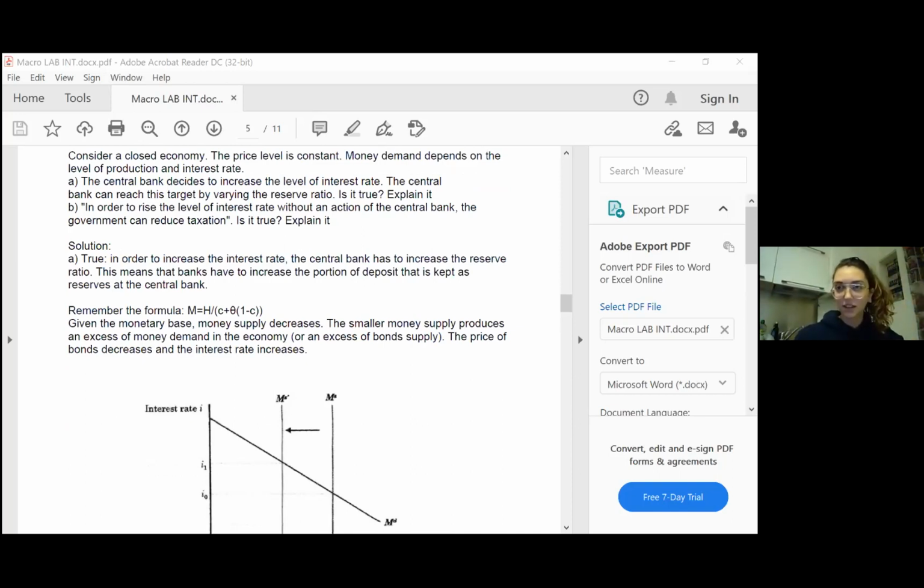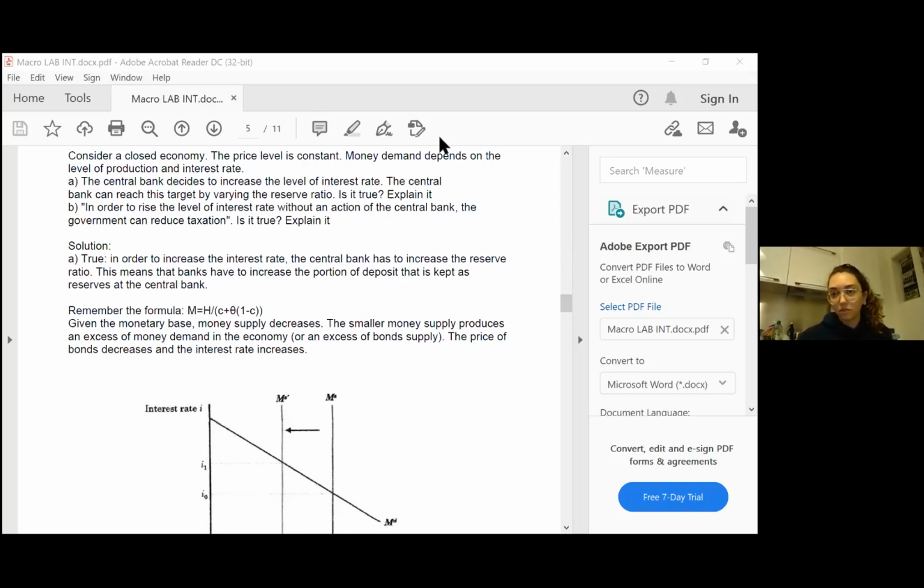Of course, doing it right now. Okay, so how will the central bank reduce the money supply, the amount of money that is in circulation in the economy? They do it through an open market operation, by selling bonds. Why? Because when the central bank sells bonds, in exchange, they receive the cash. So they're going to take away some cash from the economy, okay? And so what happens when they sell bonds?